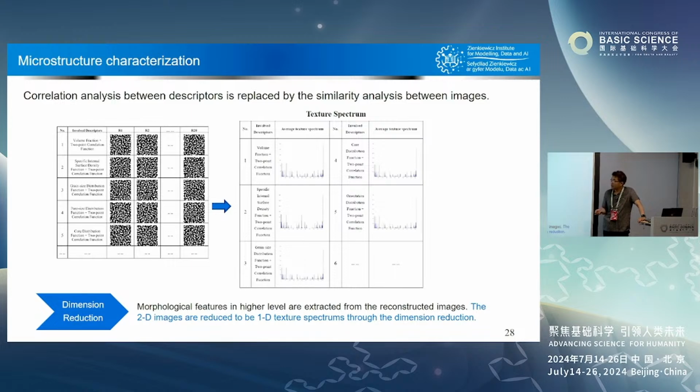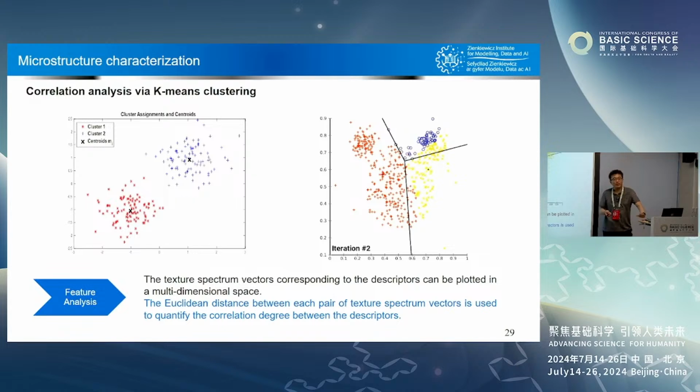So the result is something like this. We map each image to a vector which is 12 dimensions, and we cluster these points in this hyperspace of 512 dimensions. So this is the clustering process, just as an example.